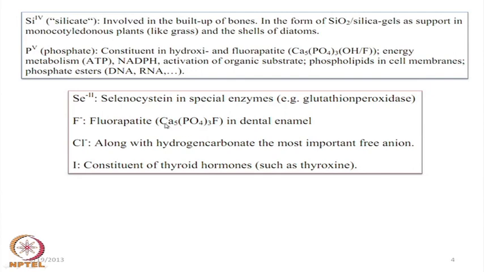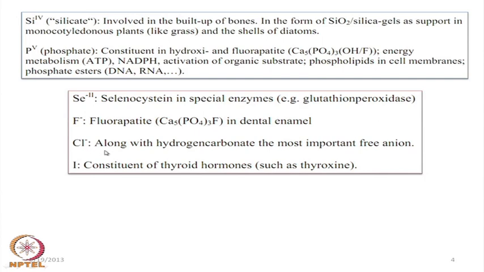Then after calcium we have phosphorus, and after that we have fluorine. So, fluorine is also an important constituent for the formation of the dental enamel, and fluorine plays an important role along with the availability of calcium and phosphorus.